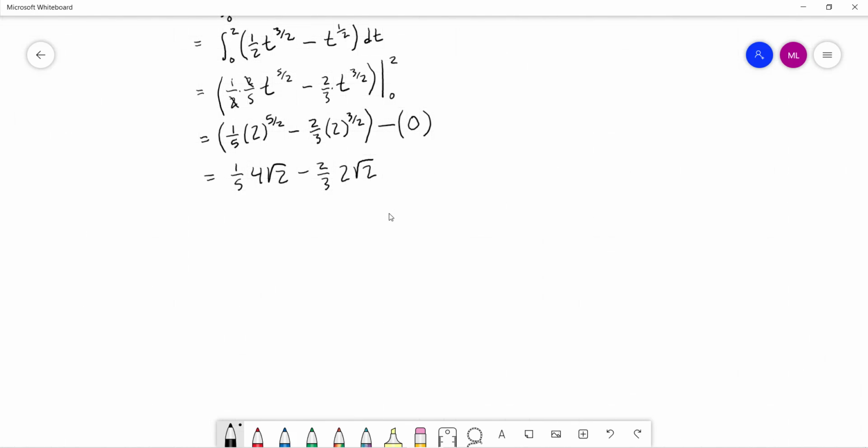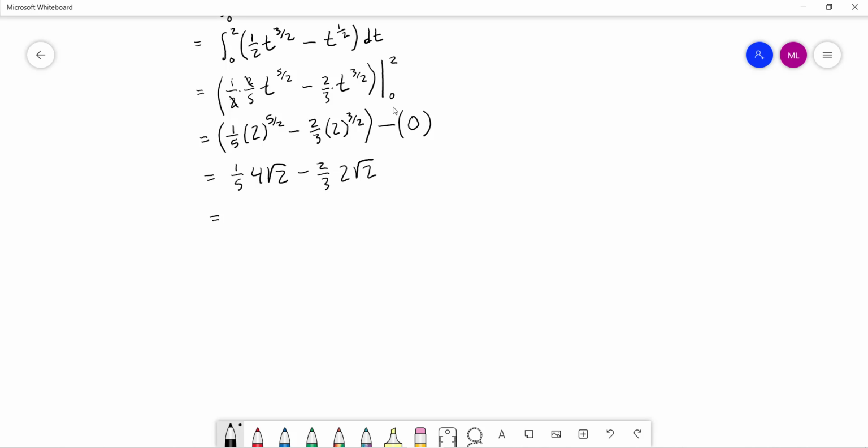And we've got a root 2 that we can factor out of everything. We've got to get a common denominator. Let's do a common denominator here. So just real quickly, times 3 times 5.